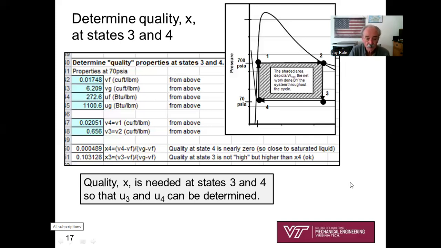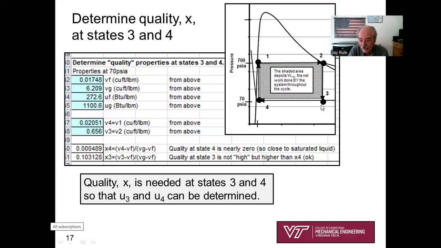So we have just found X3 and X4 using the specific volume values at 70 psi. You may want to go back and replay this to see how I did it, but the way you get to the X values is by studying your PV diagram.